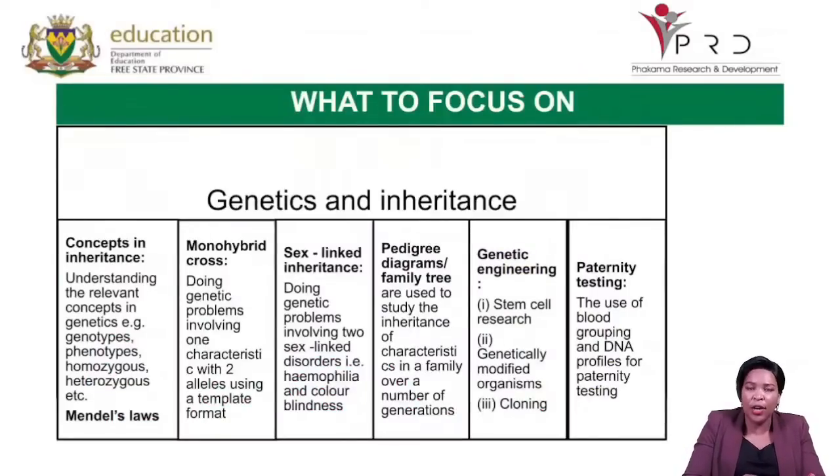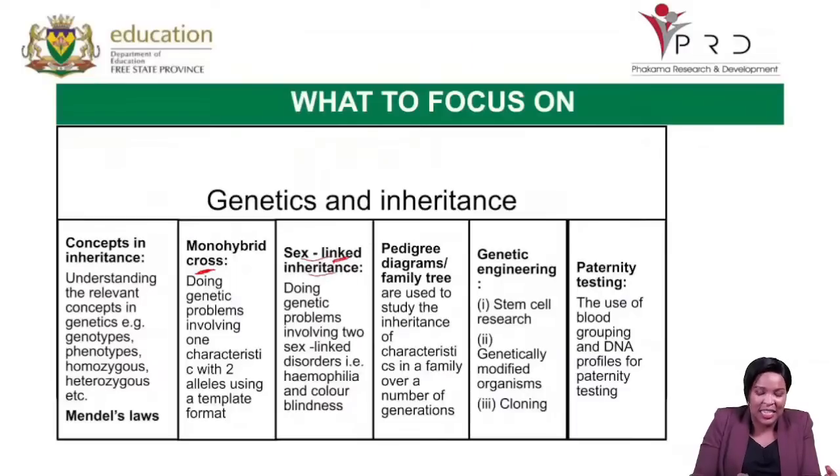You need to know all the concepts. Terminology is very important. Then your monohybrid crosses and your dihybrid crosses, your sex-linked inheritance. Which ones are sex-linked? Because most of the time, when you are given a genetic cross to solve, you use X and Y unnecessarily without reading whether the condition you are dealing with is sex-linked or is just a normal condition that does not affect the sex chromosomes, which are the gonosomes, your X and your Y. So you must check that.